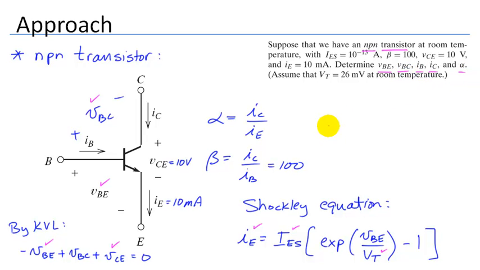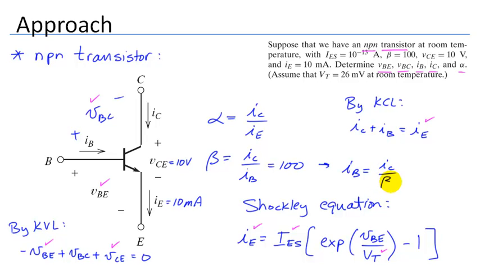Now we have the base current, the collector current, and alpha. By KCL, we see that the sum of the collector and base currents is equal to the emitter current. We know that the emitter current is 10 milliamps. We know that the collector and base currents are related by this ratio, which is equal to 100.